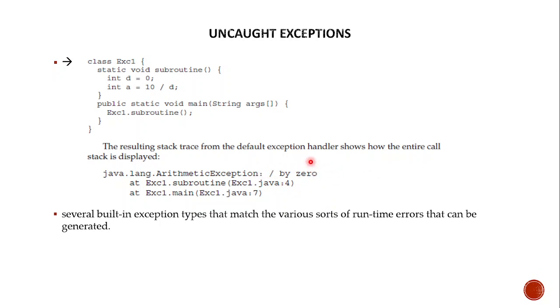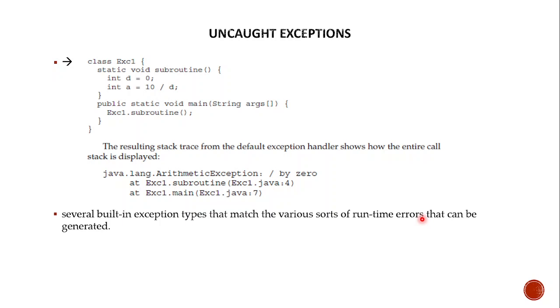There are several built-in exception types that match the various sorts of runtime errors that can be generated. These built-in exception types map exactly to the runtime errors which are getting generated. These are some of the uncaught exceptions, and they are caught by the Java runtime itself.